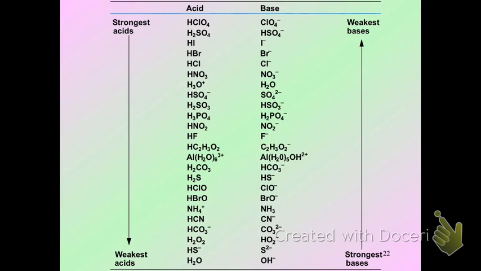And down here, weakest acids make stronger conjugate bases. And remember, when you think about it as an equilibrium, it's a competition between the acid and its conjugate base for that proton, the ability to hold it. So you can't have a strong conjugate base with a strong acid, otherwise it would be a weak acid, because it would grab that proton and reform itself.